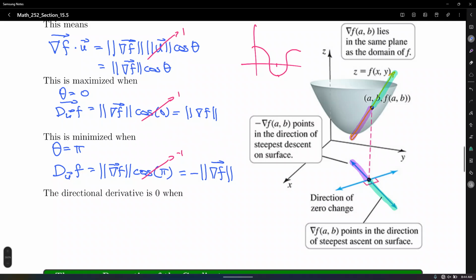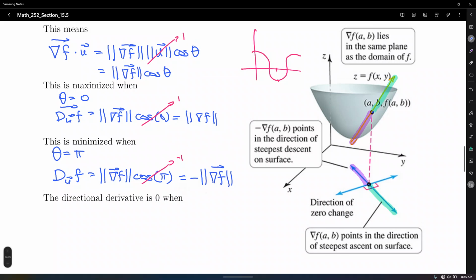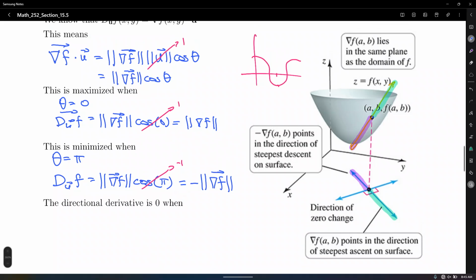But now here is the thing: when is this directional derivative equal to 0? We already looked at when it's maximized and when it's minimized, but when is it equal to 0? When is cosine equal to 0? Pi over 2, this time it is pi over 2. Theta equals pi over 2.